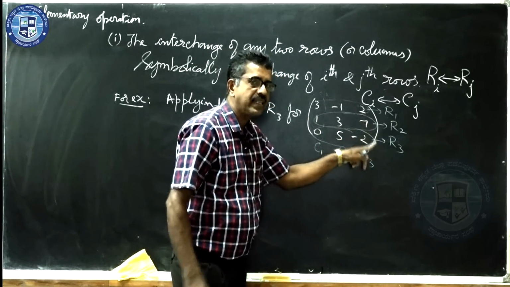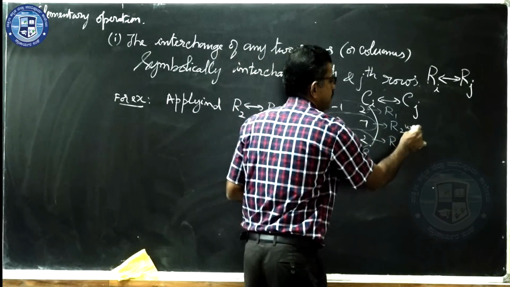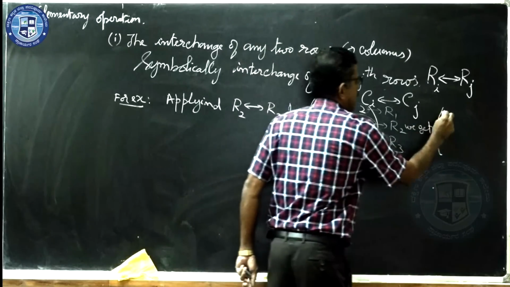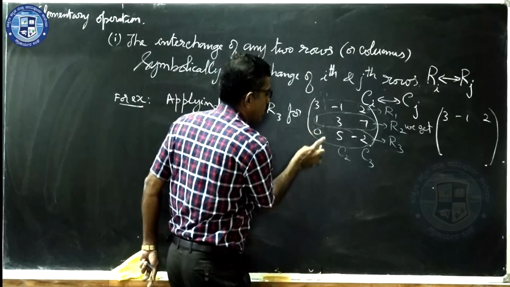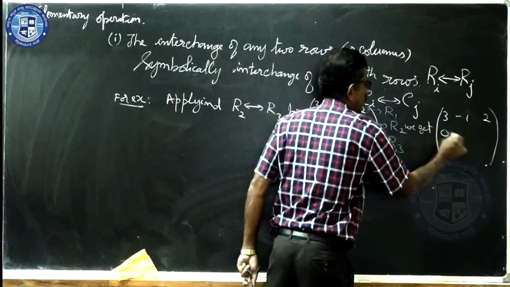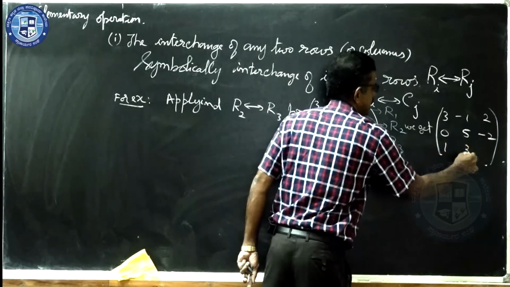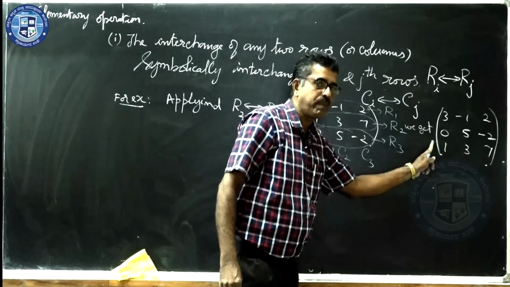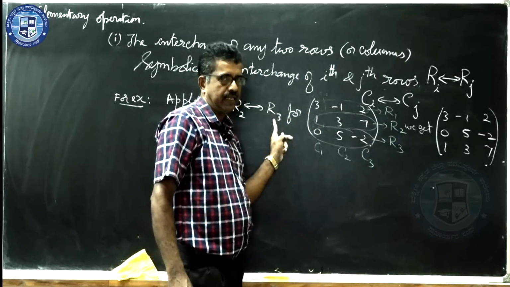R2 and R3 must be interchanged. So we get the first row with no effect: 3, minus 1, 2. The second has to go to the third row and the third has to come back to the second row. So it is 0, 5, minus 2 and then 1, 3, 7. This is a new matrix which is obtained by interchanging the second and third rows of the original matrix.